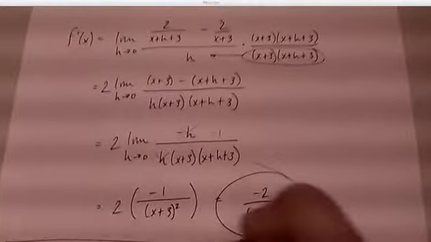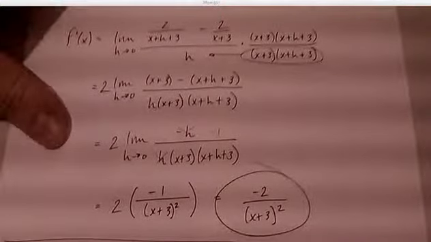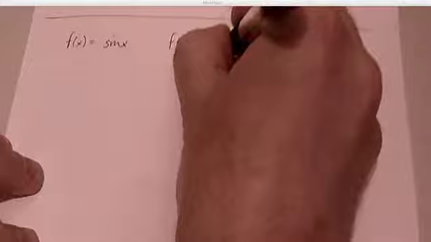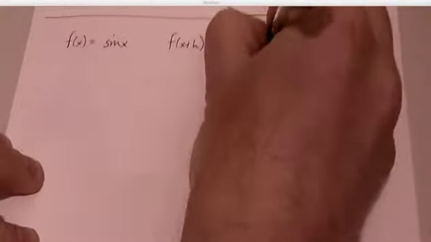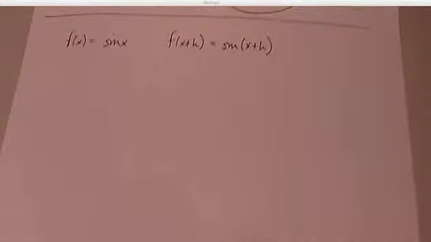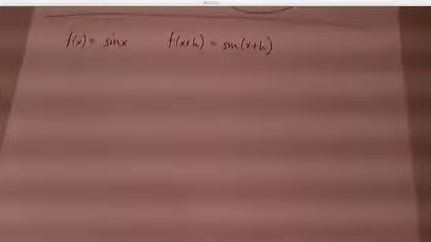Now the last one that I want to do is going to probably make some of your stomachs turn, because the moment that I mention trig, some of y'all start to break out into hives and even go into anaphylactic shock. But we have to deal with trig. Okay, if you are not keeping up with your unit circle values and your trig identities, you are going to be in a world of hurt come May, okay?